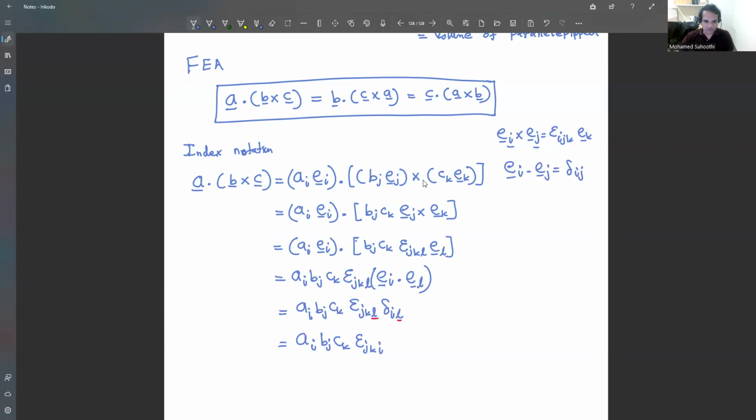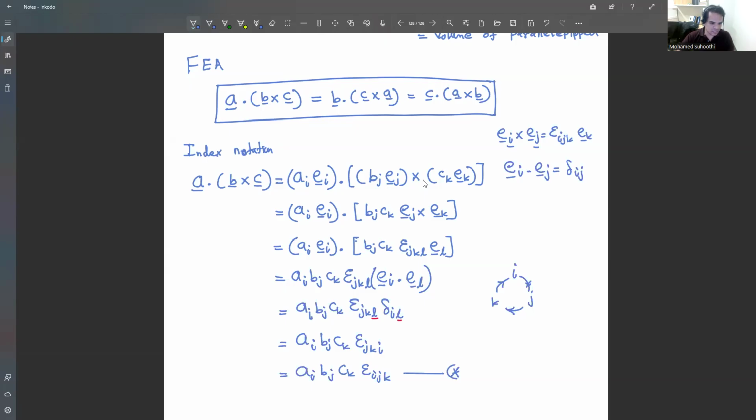Now you remember epsilon_ijk. If it is this order, everything is plus one, right? So jki and ijk will be the same, I can rotate, no issue, because both are plus one, right? Therefore A_i B_j C_k epsilon_ijk.